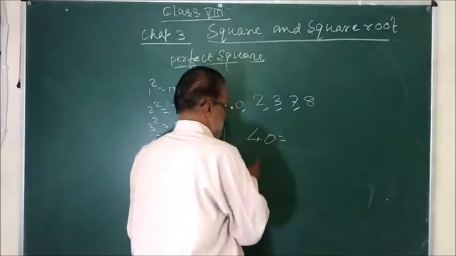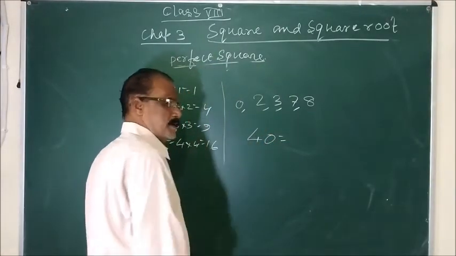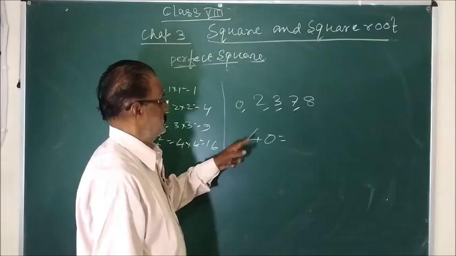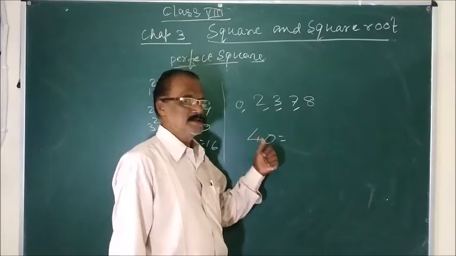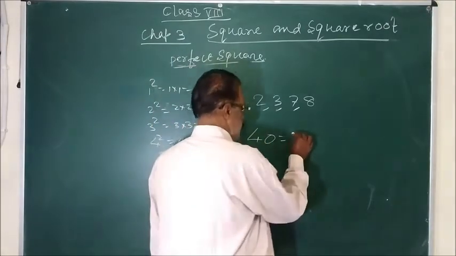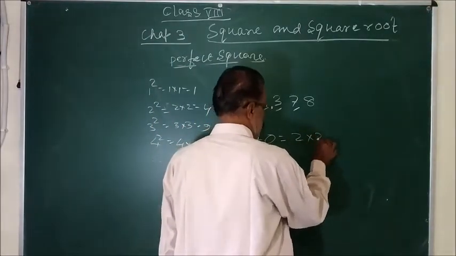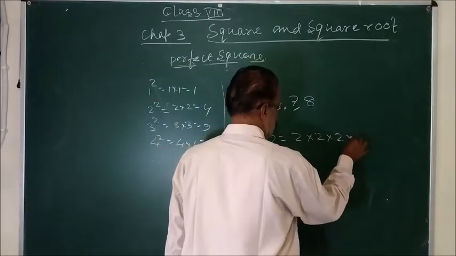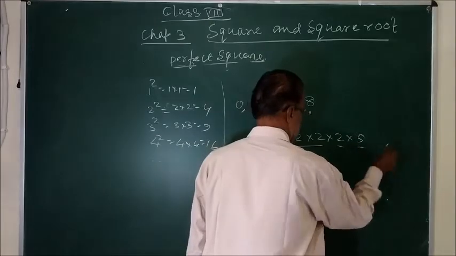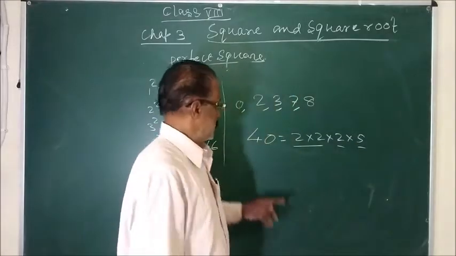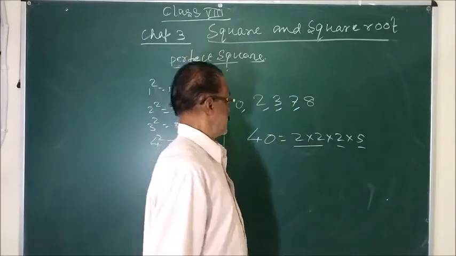So 0 is in odd number and therefore this is very, very simple. Without finding the factors, we can say it is not a perfect square. And if you verify by finding the factors, you will see here this is in pair and this 2 and this 5 are not in pair. Therefore 40 is not a perfect square.